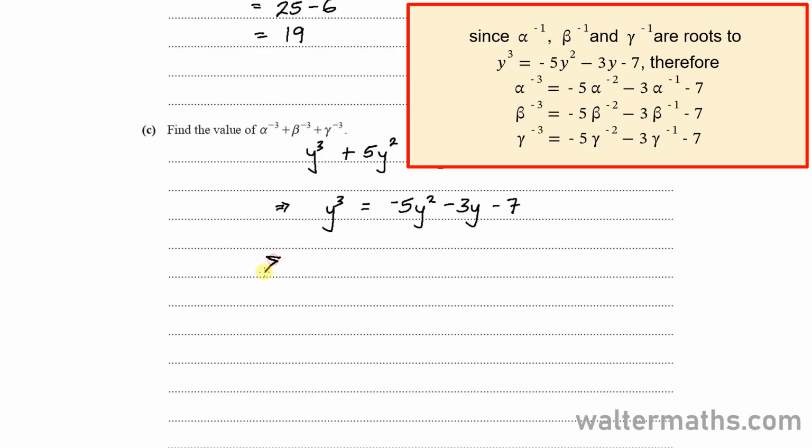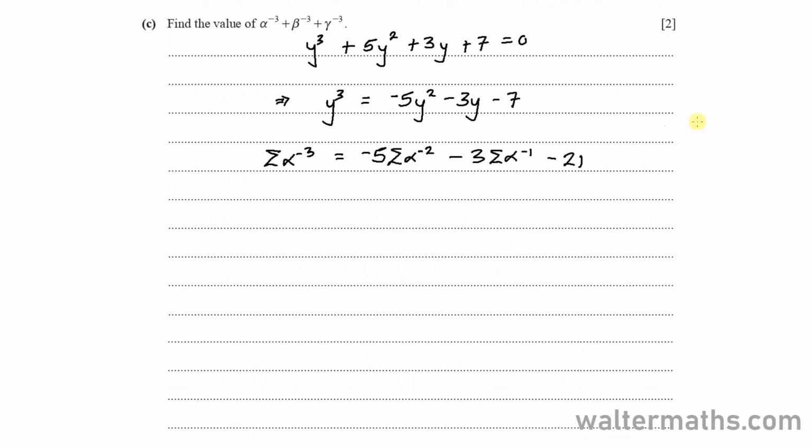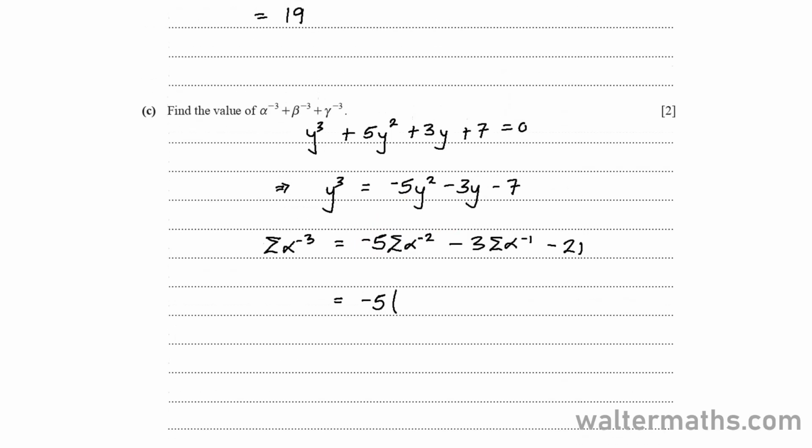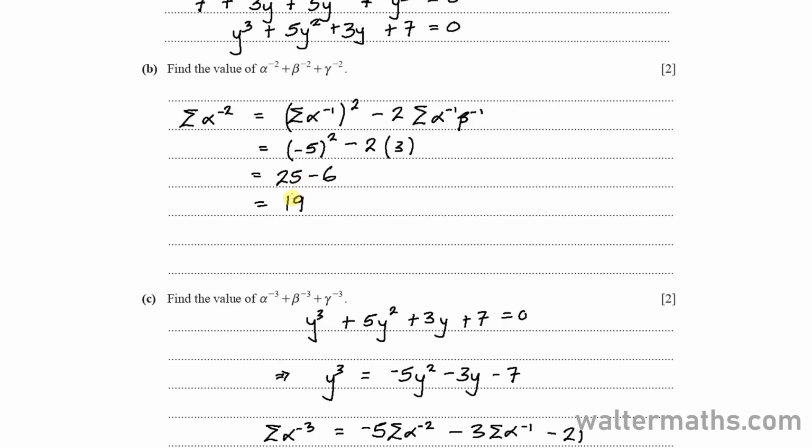That's the summation of roots of the form alpha to the power minus 3 is equal to minus 5 of the summation of roots of the form alpha to the minus 2, and that's minus 3 of the summation of roots of the form alpha to the power minus 1, and it's minus 21. So here, the sum of roots of the form alpha to the power minus 2 is what we got in part B, and that's 19.